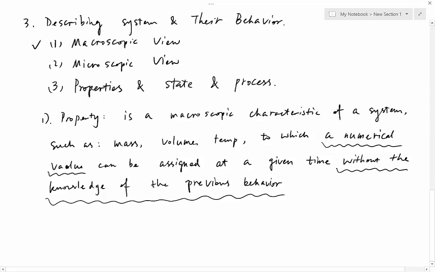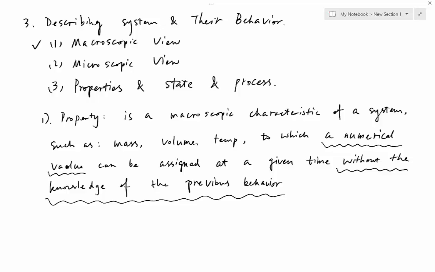You can find out the mass of the engine at any given time without knowing what happened to this engine before. Another example, temperature. Temperature is a property. So for example, you want to measure the inside temperature of your house. Do you have to know what happened to the house before? Or can you just measure the temperature at any given time without knowing what happened before?